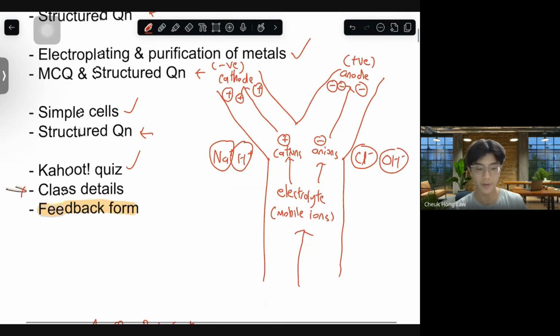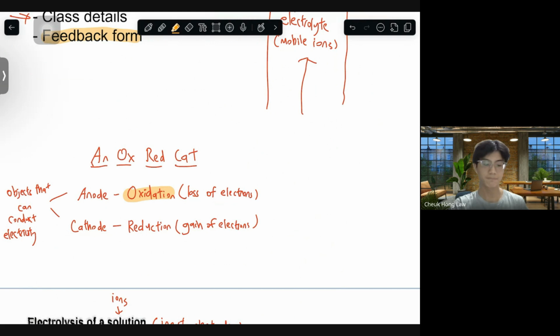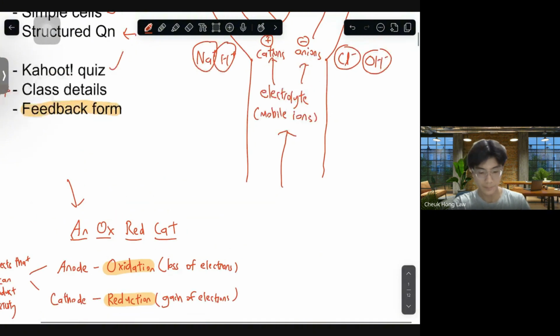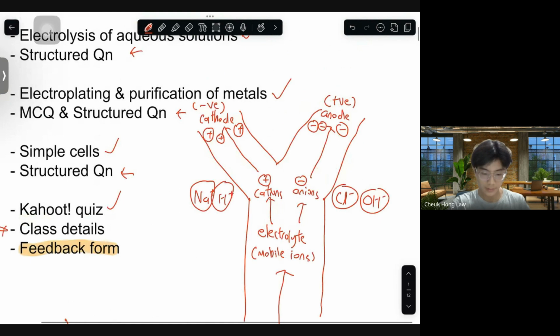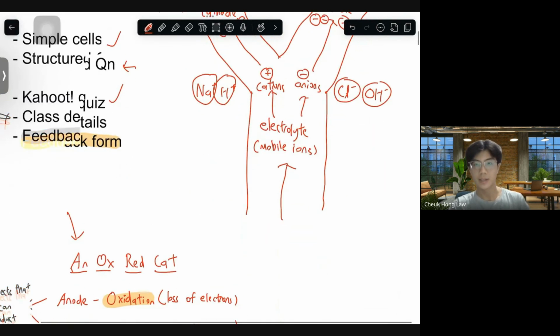Remember, I said at the anode, it will be oxidation. At the cathode, it will be reduction. That's why I tell you to remember this memory shortcut, OIL RIG and AN OX, RED CAT, because this will apply for the whole chapter of electrochemistry. Oxidation is loss of electrons, and reduction is gain of electrons.